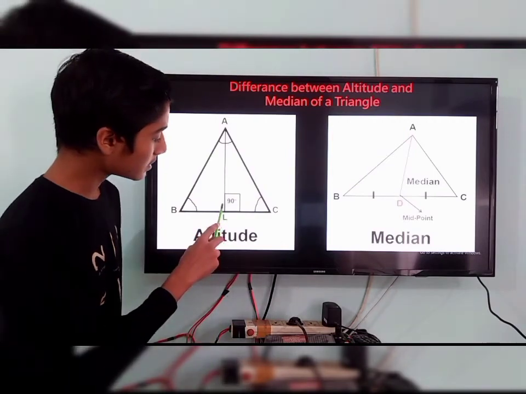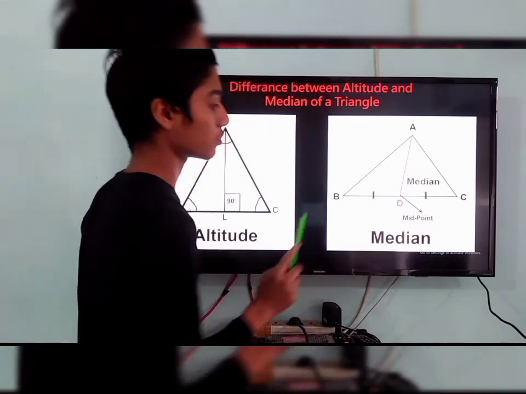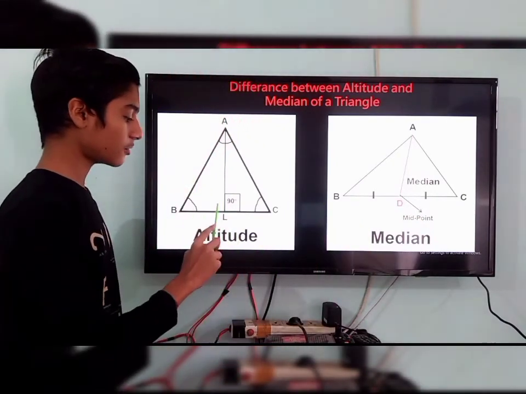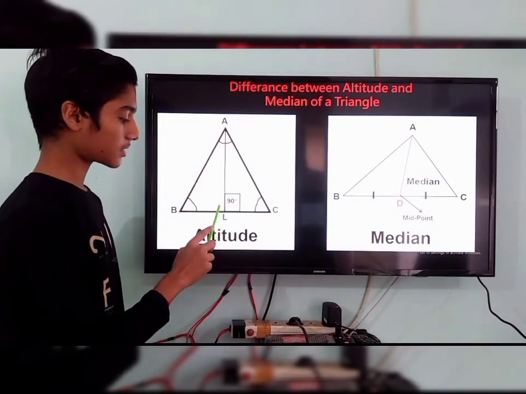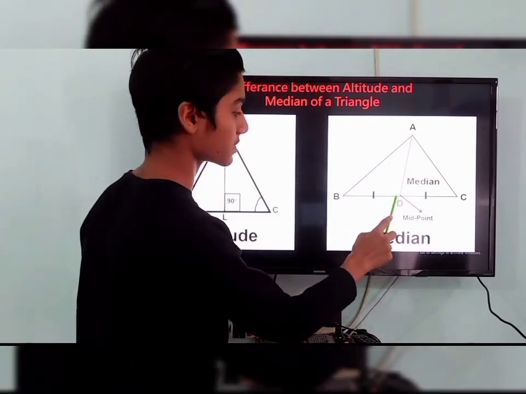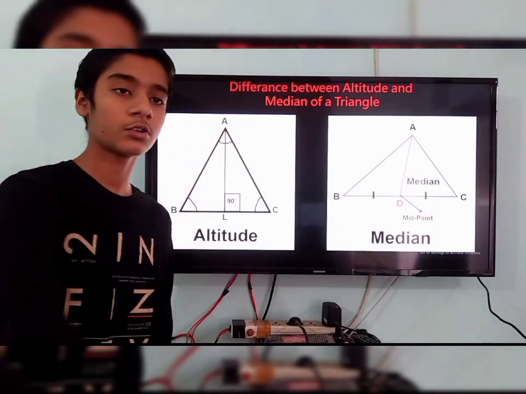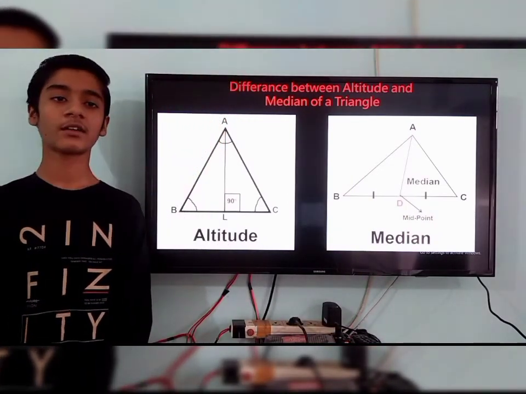Simply, it is always 90 degrees, but a median can form other angles also. It is not necessary that an altitude will meet at a midpoint, but for a median it is necessary that it should be a midpoint. Now you may be clear about altitude and median of a triangle.